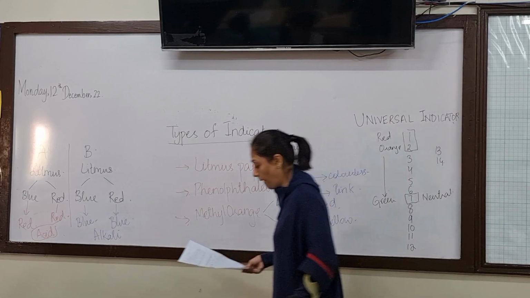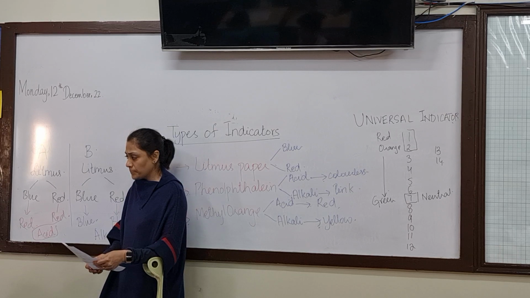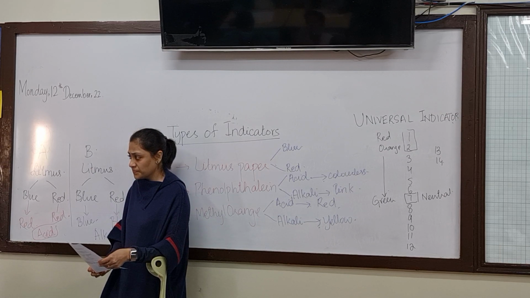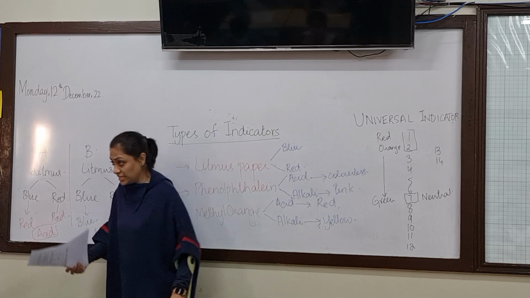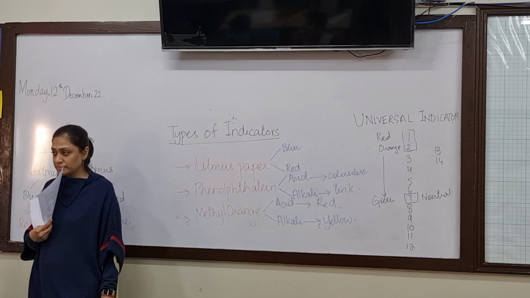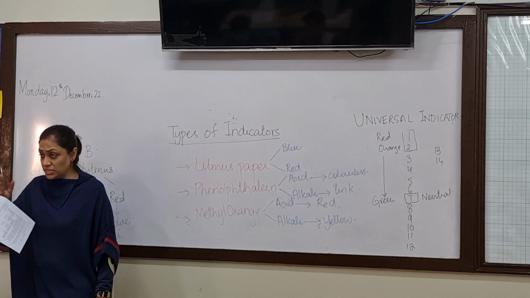Teacher, the litmus paper just shows whether the substance is an alkali or an acid. Good. But the universal indicator shows which pH number is given to a specific acid or alkali. Anyone else? Yes, Musa? The universal indicator tells us the exact pH value of acid and alkali.